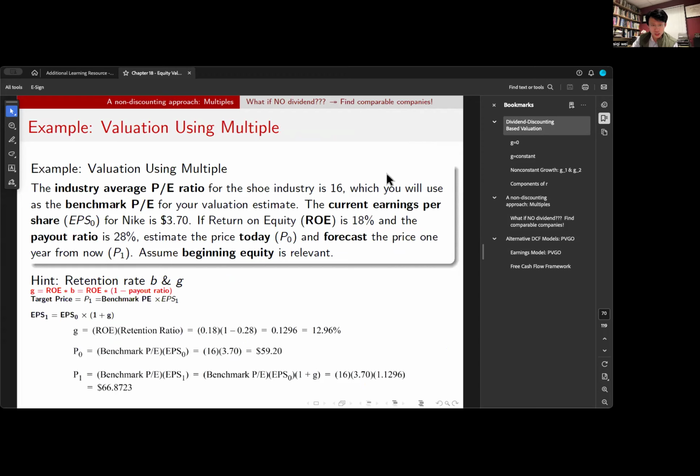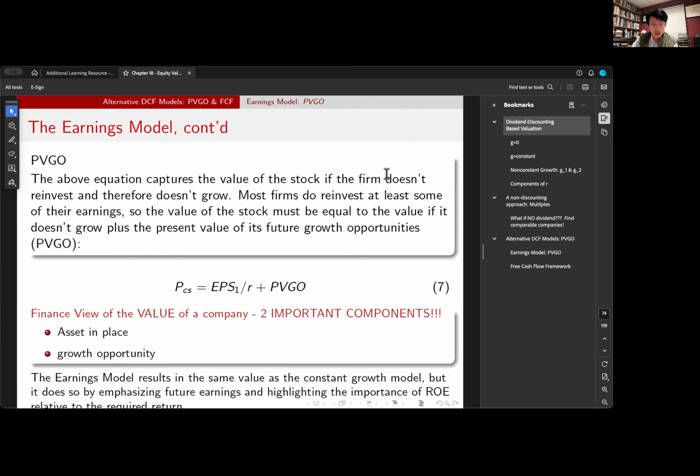Okay, let me show you one thing over here. On this slide, I argue that you can disentangle firm's value into two parts. The first part is what we already established in the firm. We call that asset in place, like PP&E, fixed assets, all right, what you already have. The second component is growth opportunity.